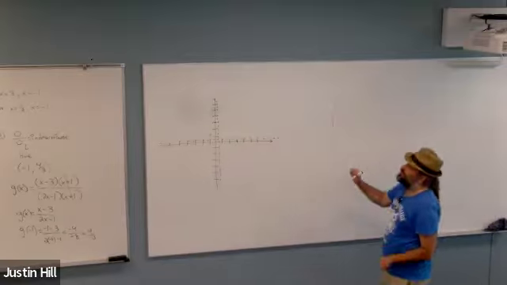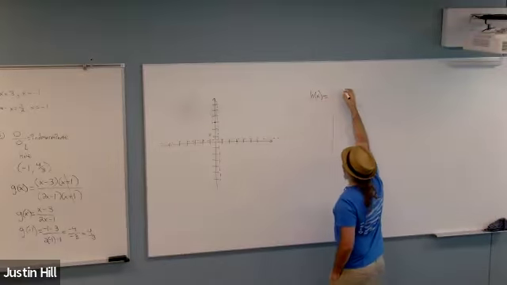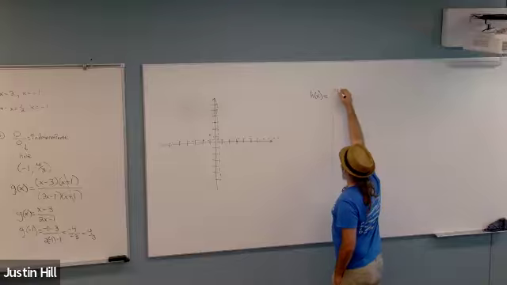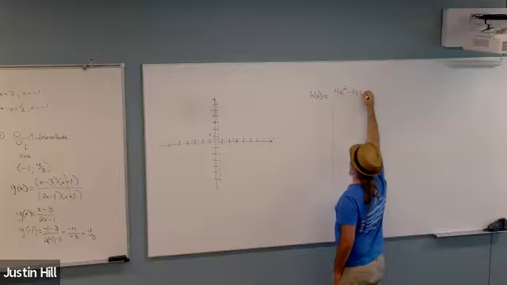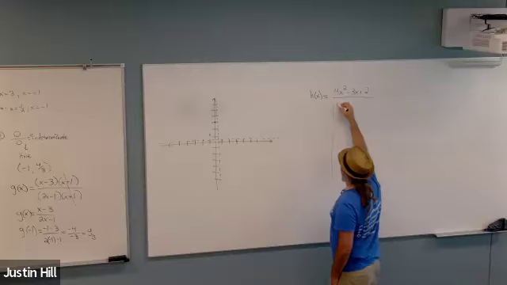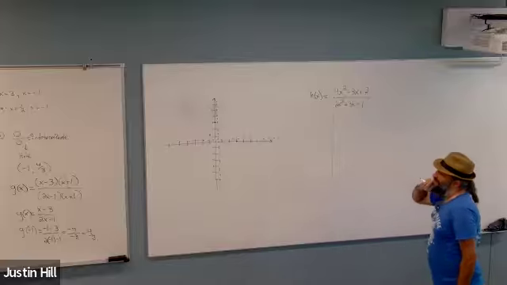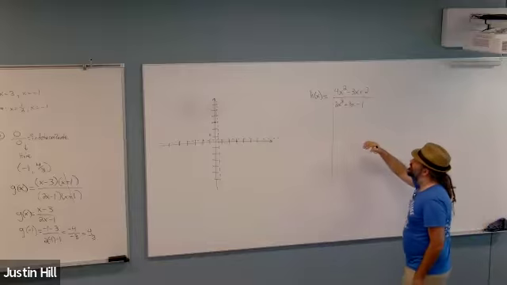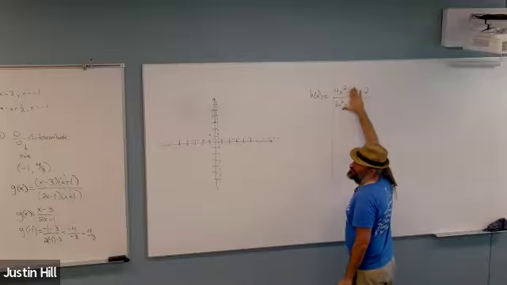So let's say your h of x is, so this probably won't be factorable, but I'll just make up some numbers. Something like this. Then let's say the bottom was something like this. And you wanted the horizontal asymptote like this. So again, for the horizontal asymptote, you're going to look at your leading terms.